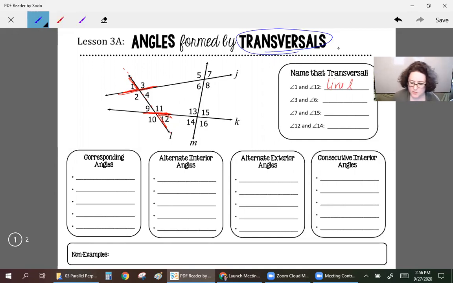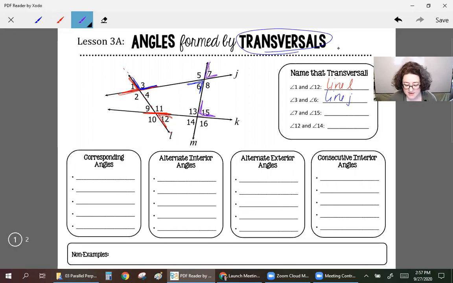Okay, let's look at another pair. 3 and 6. So angle 3 and angle 6. So again, what line does it look like both of those angles touch? Well, they both touch line J. So J is the transversal. Okay, how about 7 and 15? So angle 7 and angle 15.